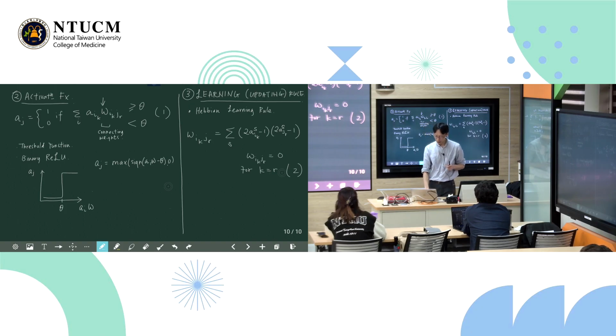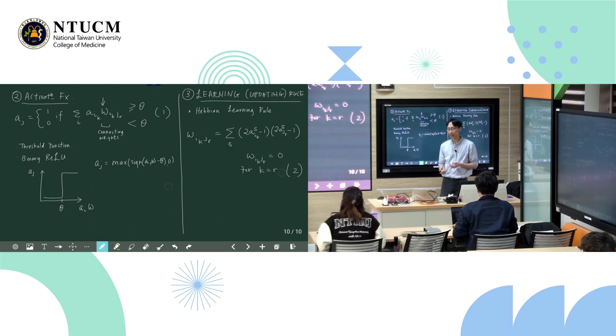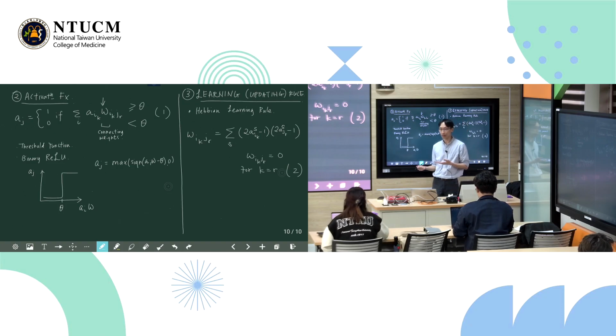Let's hang on to that. If you implement this Hebbian rule and work it out, when AI and AJ are the same, W becomes plus 1. When AI and AJ are different, then it becomes 0.